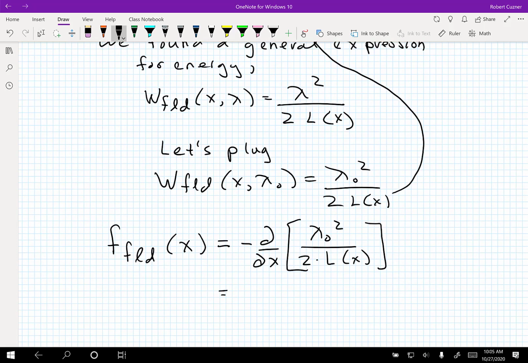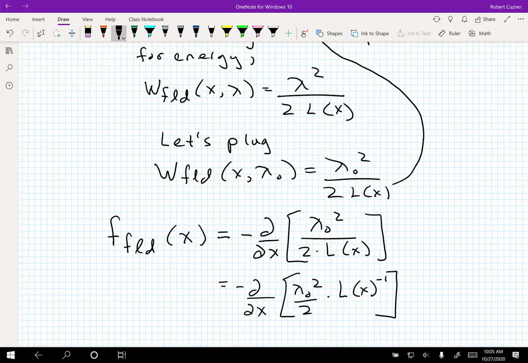That's the same as saying take the derivative of lambda naught squared over 2 times L of x to the negative 1 power.